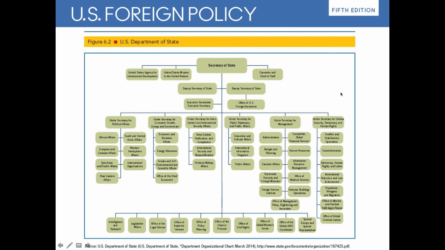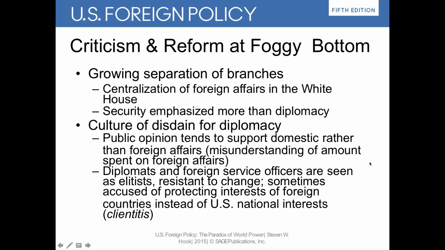So, what are the top priorities of the U.S.? Look to see if they have their own division in the bureaucracy. If not, are they covered under one of these divisions?